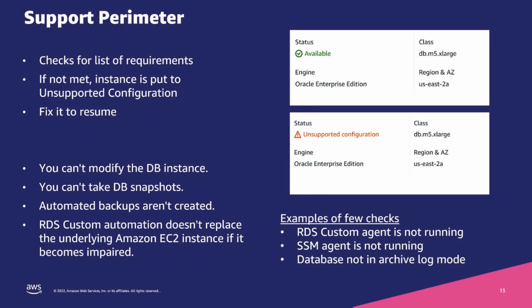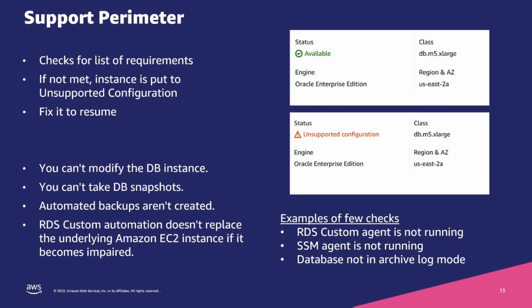There are multiple checks happening at the database level and at the EC2 level. Just a few examples that I can give here: the agents. RDS Custom expects that these agents are always running on the DB instance. So if the custom agent or the SSM agent is down or is not running, then the instance will be put into unsupported configuration.